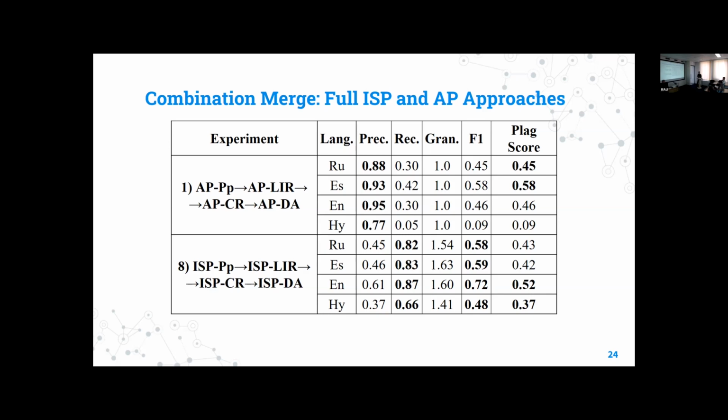The intuition is like this: you have a big plagiarized fragment, and the granularity shows in how many small fragments you found that big fragment. Ideally, you want to find one big fragment as one big fragment, so ideally the granularity score is 1.